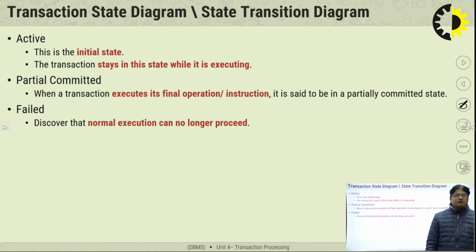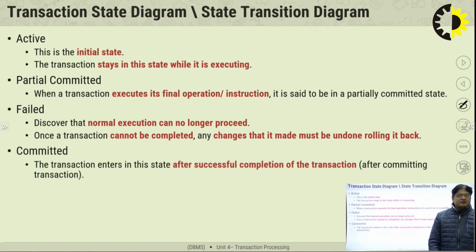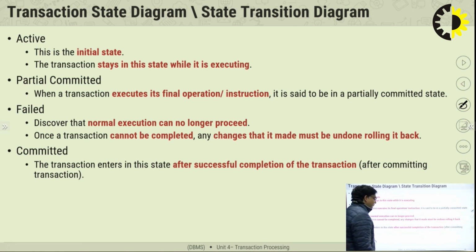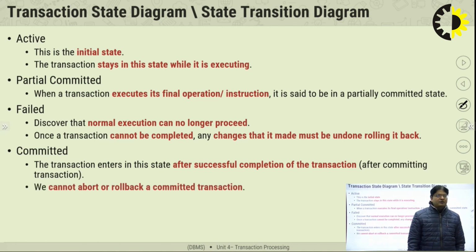Whenever the transition can no longer execute normally, we say the transition is in failed state. Once a transition cannot complete, any change made by it must be undone. Committed state: the transition enters this state after successful completion, and after coming to the commit state, we cannot abort or roll back.